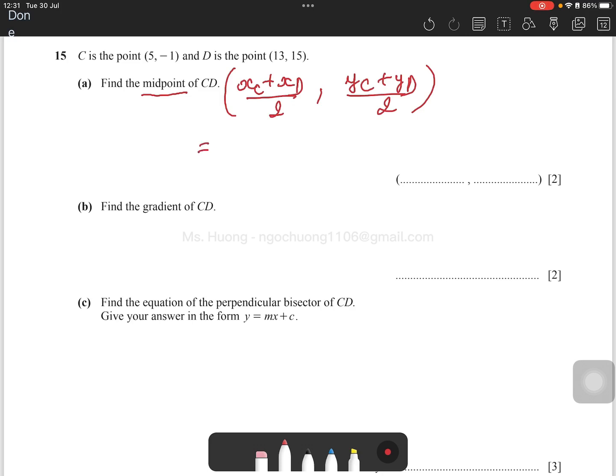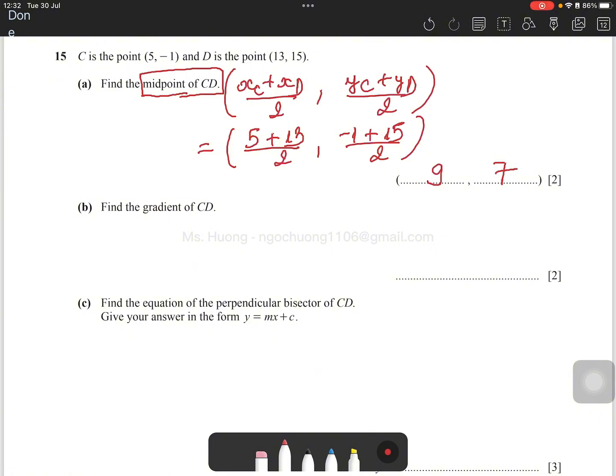In this case, xc is 5, xd is 13, yc is negative 1 and yd is 15. 5 plus 13 is 18. 18 divided by 2 is 9. Negative 1 plus 15 is 14. 14 divided by 2 is 7. So the midpoint of CD is (9, 7).